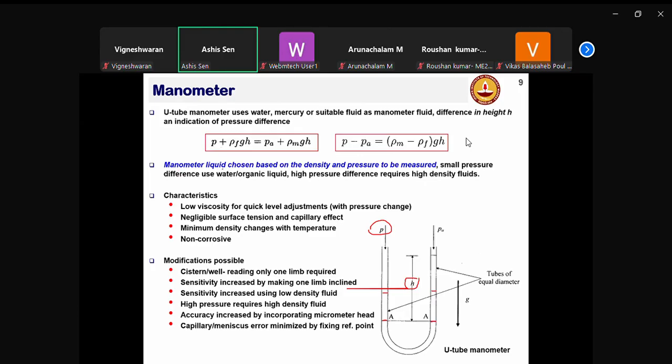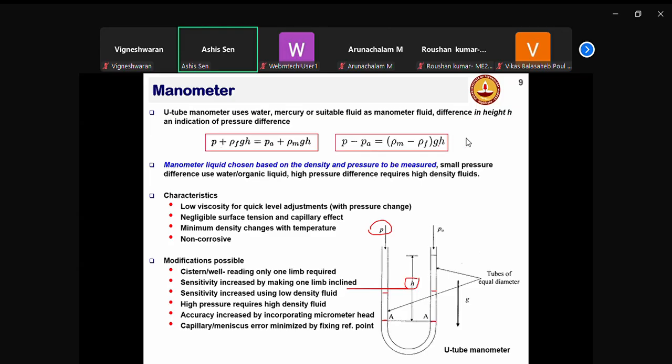So the manometer liquid is chosen based on the density and pressure to be measured. Okay. If you are measuring a small pressure difference between the source pressure and the atmospheric pressure, that means your P minus PA is very small.